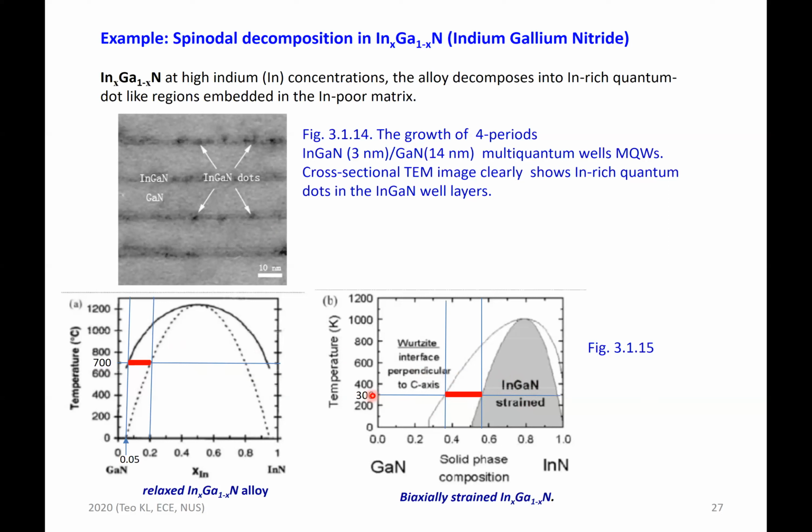So right now, I can grow a higher composition, even at a lower temperature. So let's say I grow at 300 degrees Celsius instead of 700. Then I have this composition range, around more than 30% of indium, and all the way probably up to 55% of indium for indium gallium nitride at low temperature and in the metastable phase.